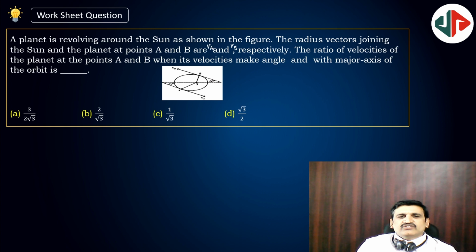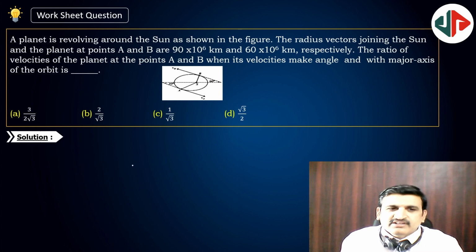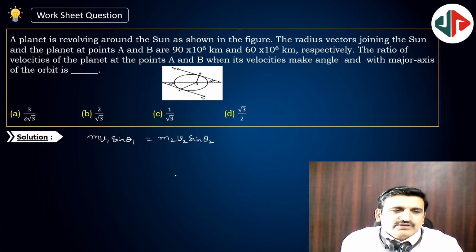Now we need to go for conservation of angular momentum so that we can get everything. So we need to use the law of conservation of angular momentum. m1 v1 sin theta 1 is equal to m2 v2 sin theta 2. The mass is the same, so m gets cancelled.